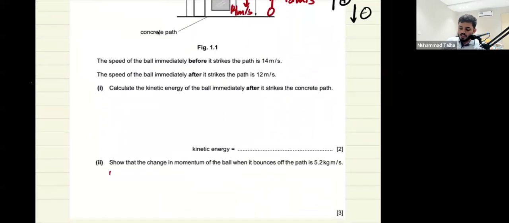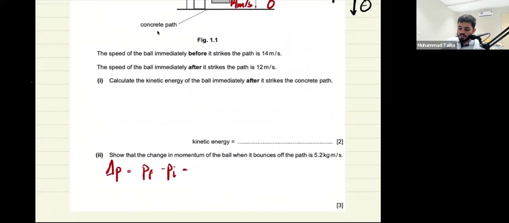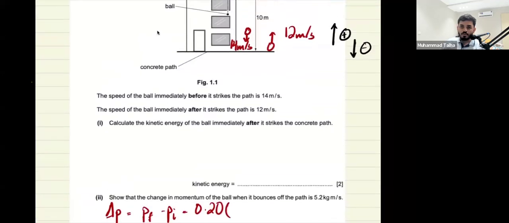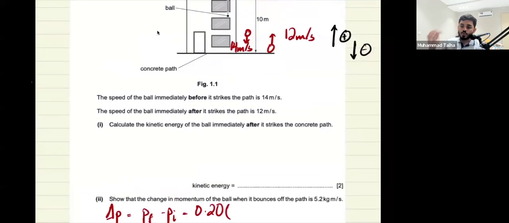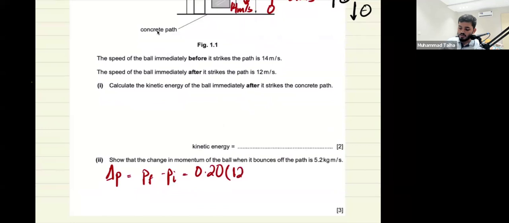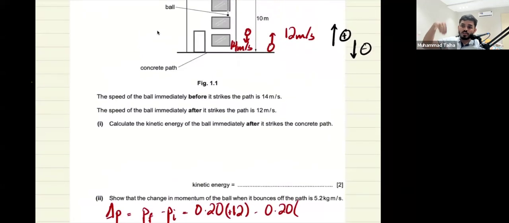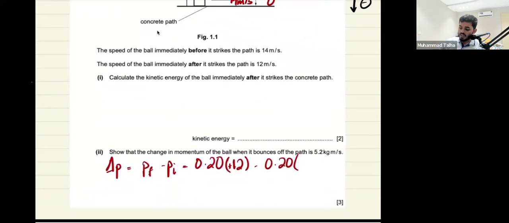And then I just use my change in momentum formula. Any change is final minus initial. So mass here was 0.2, right? Final velocity for the final momentum is upwards 12, so this is going to be positive 12 minus 0.2 again for mass times initial velocity. Because initial velocity was downwards, this is going to be negative 14, right?